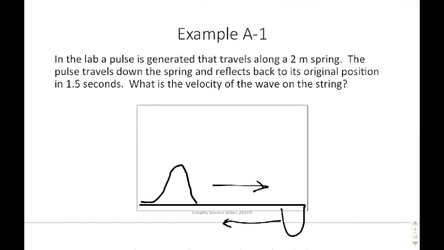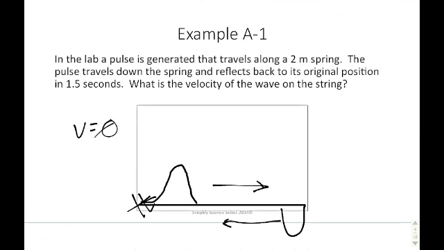In this particular case, we are trying to figure out how fast the wave is moving along the string. Just to clear things up, technically you would look at it and say that the velocity is zero because it's actually in the same place that it started. You don't tend to do those sorts of things whenever we talk about sound and waves.